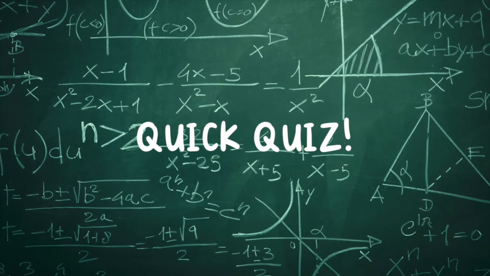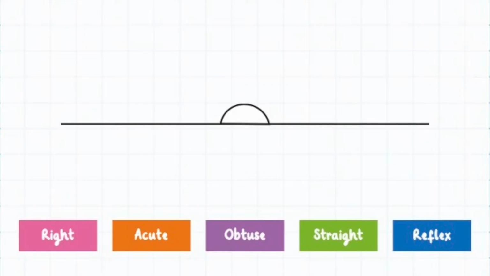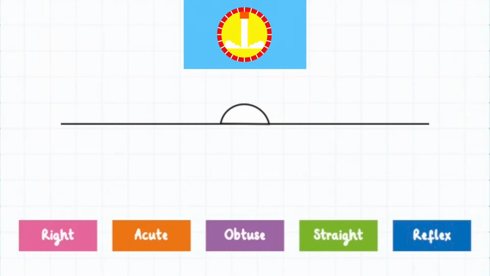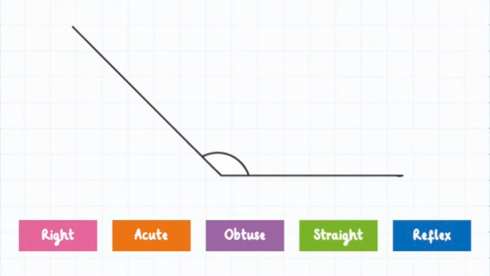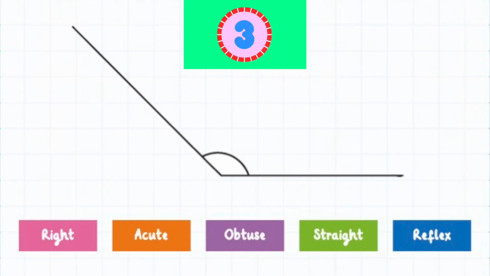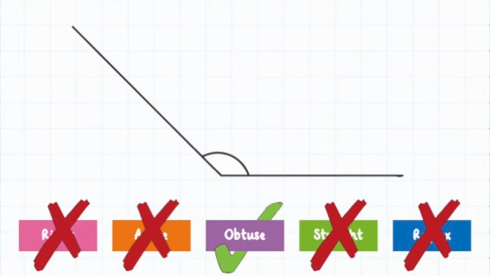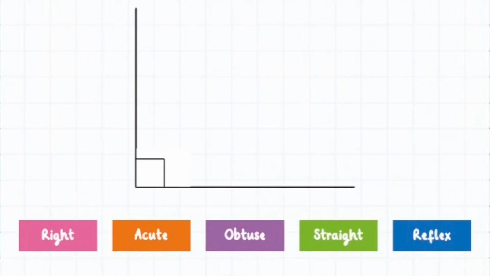Quick quiz. What kind of angle is this? This is a straight angle. What kind of angle is this? This is an obtuse angle. What kind of angle is this?